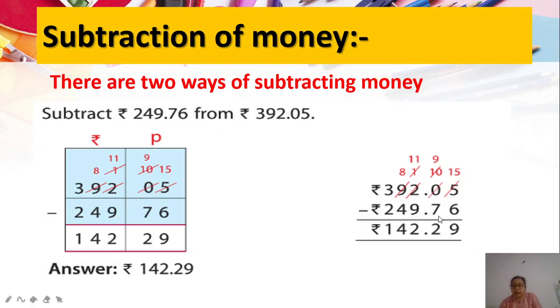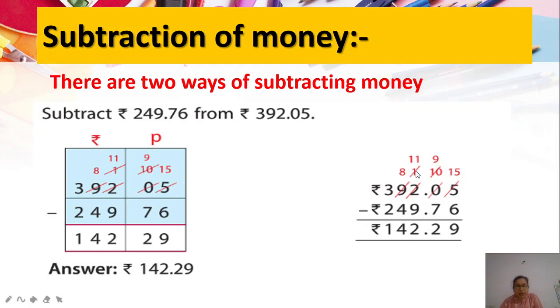So you can see here 5 minus 6 is not possible. So we borrowed. Our 5 became 15 and this 0 will become 10 first and then after borrowing back it will become 9. Now 15 minus 6 will be 9. Then 9 minus 7 will be 2. As we borrowed, our 2 will become 1. But you know that 1 minus 9 is not possible. So we borrowed again.